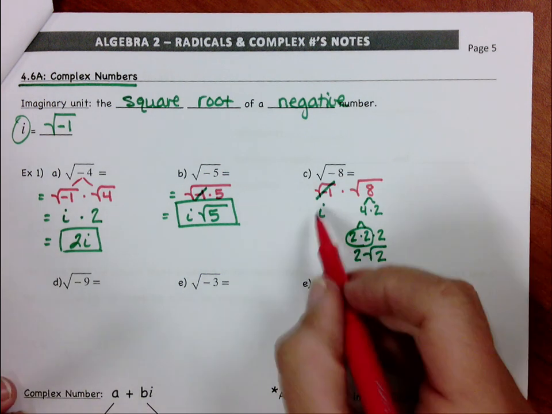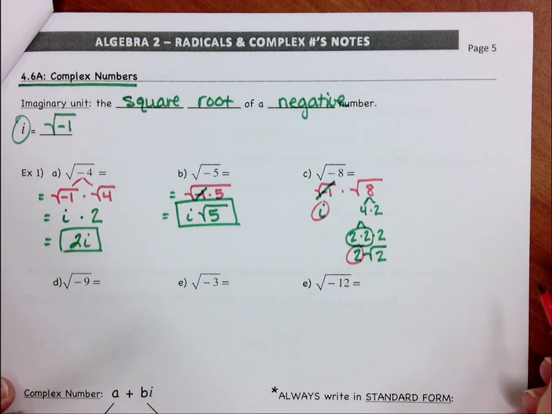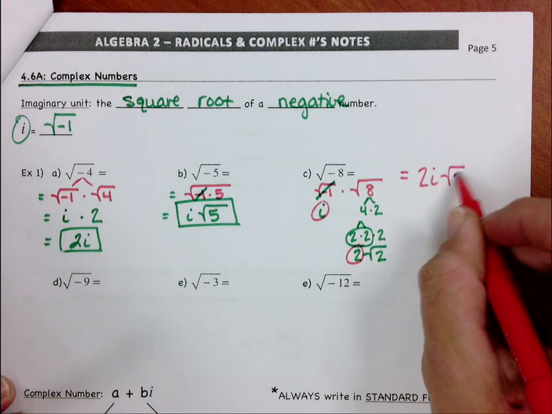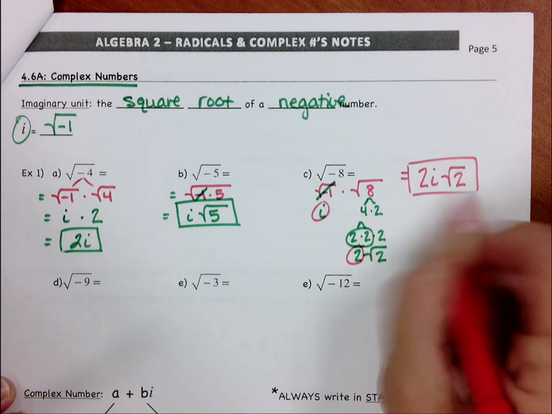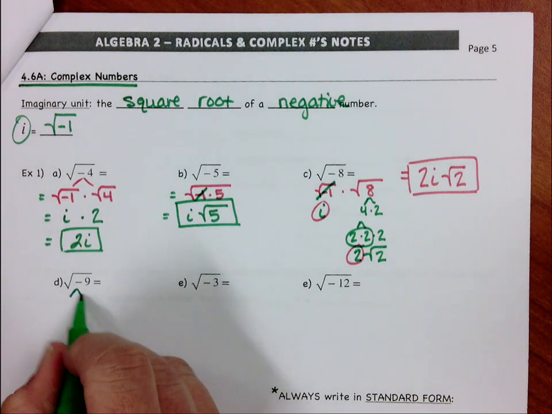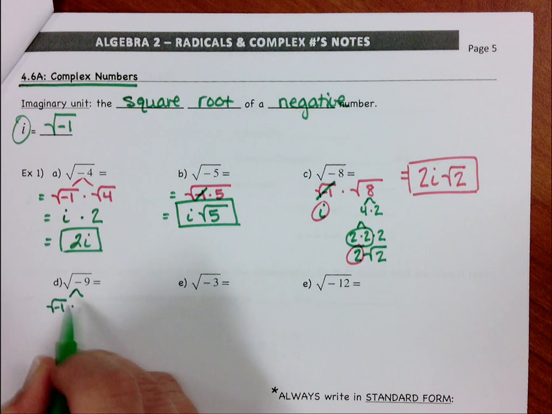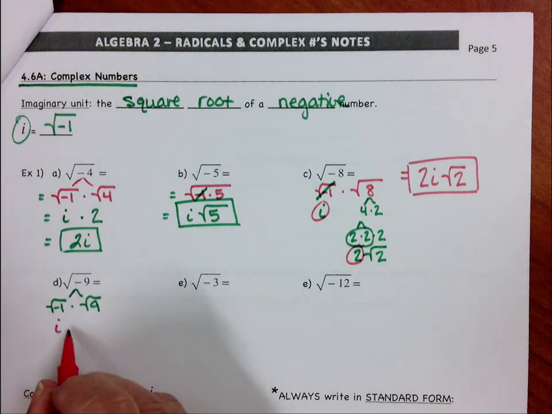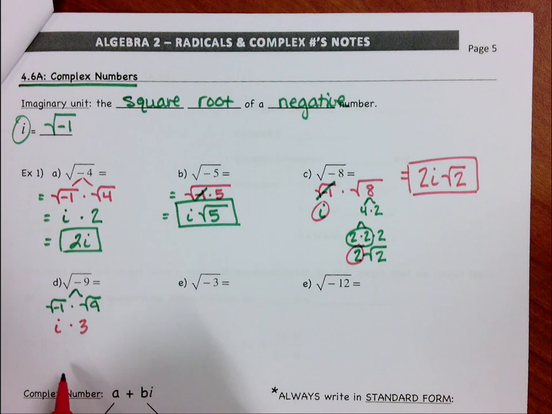And so then you bring the i and the 2 together, and the whole answer is 2i square root of 2. Number 9, again, square root of negative 1, square root of 9. That is i. Square root of 9 is 3, because it's a perfect square, so it's just 3i.